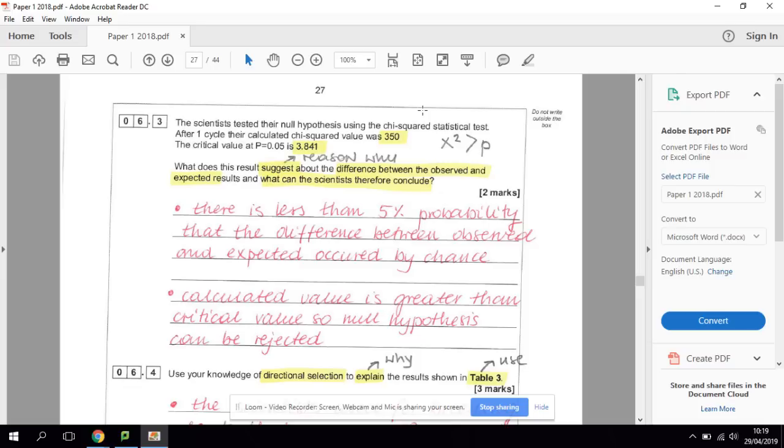In this situation, we are going to reject the null hypothesis. Why? Because there is less than 5% probability that the difference between observed and expected occurred by chance, and the calculated value is higher than the critical value, so the null hypothesis is rejected.